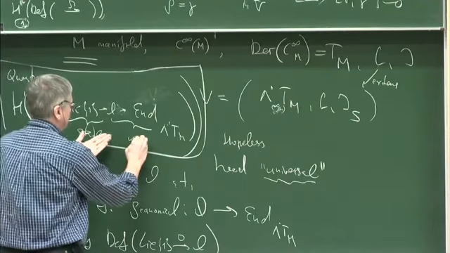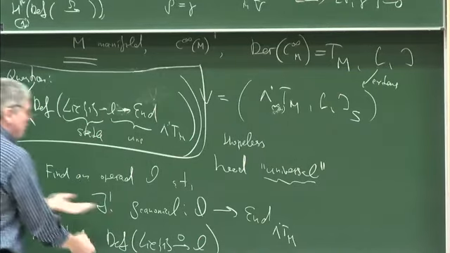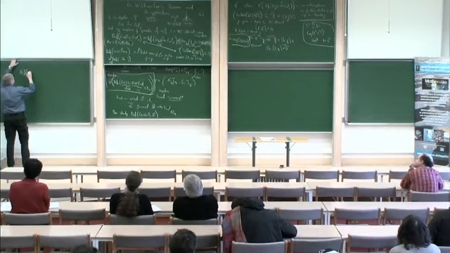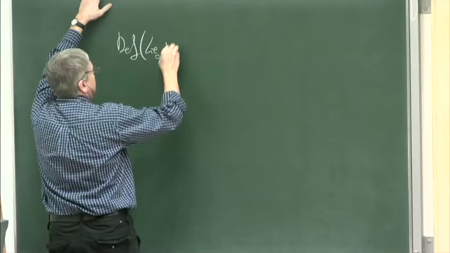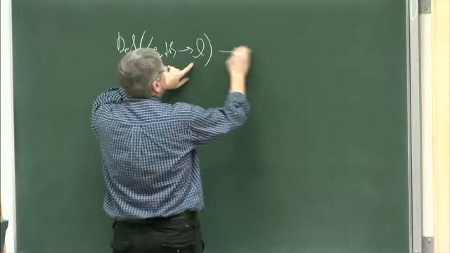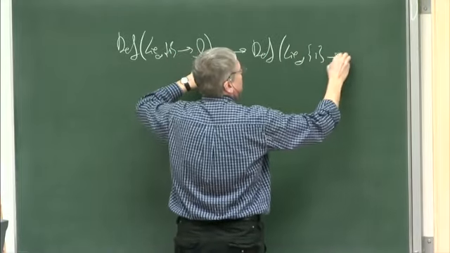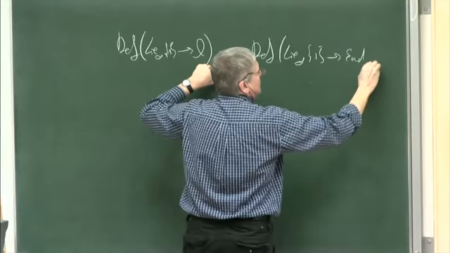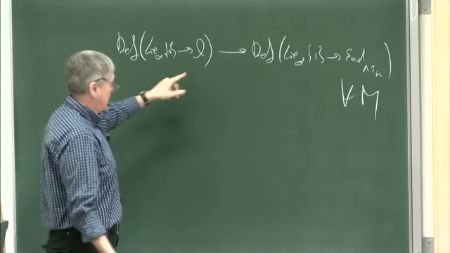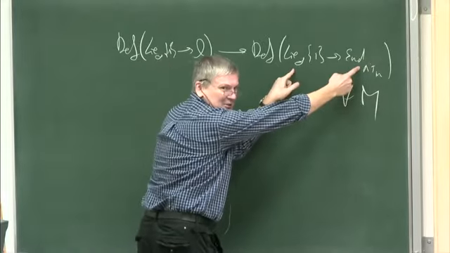There will always be a map from deformations of Lie infinity to T_m for any m. Agreed? Because we can always compose this arrow with another one to come here.